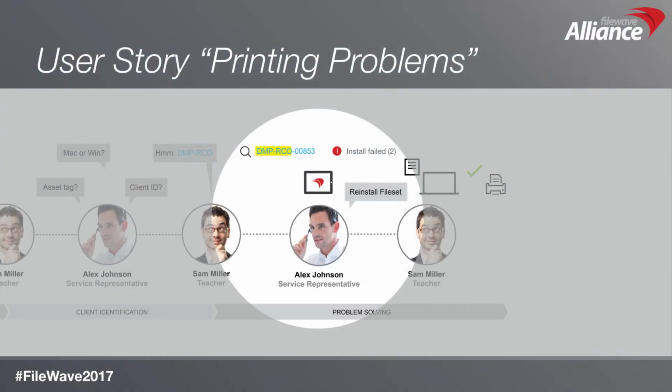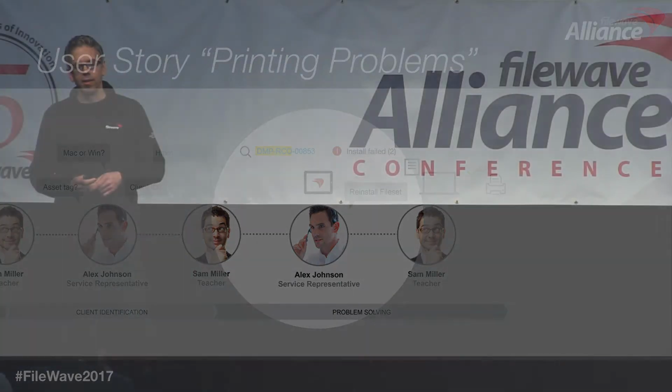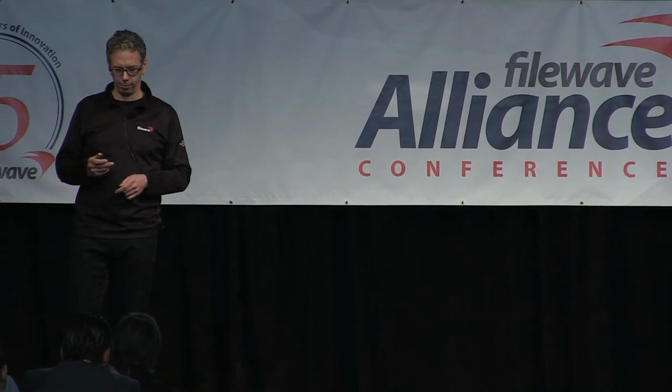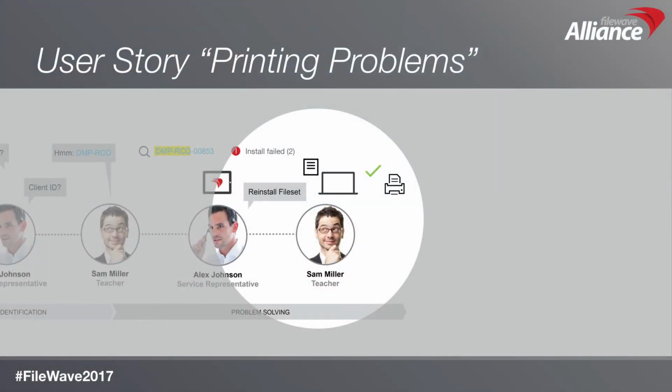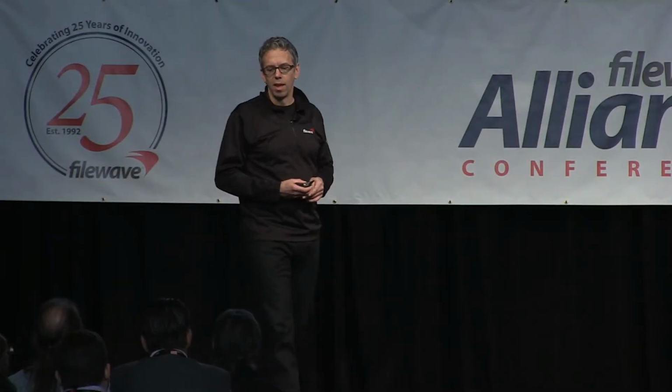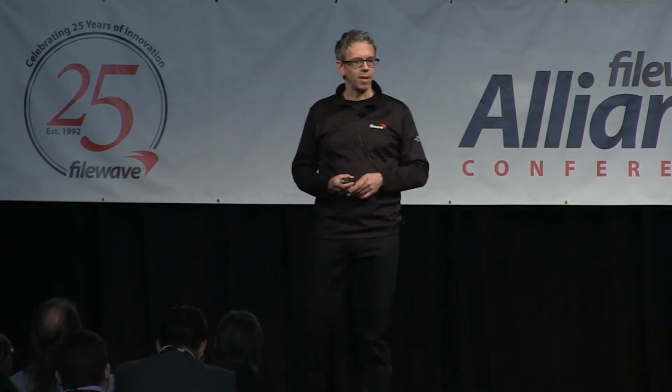Alex then searches for Sam's client and analyzes the problem. The problem was caused by a failed installation of the printer profile, and Alex has to reinstall that printer profile. Within seconds, the new printer profile has been successfully reinstalled. Sam and Alex are both happy.